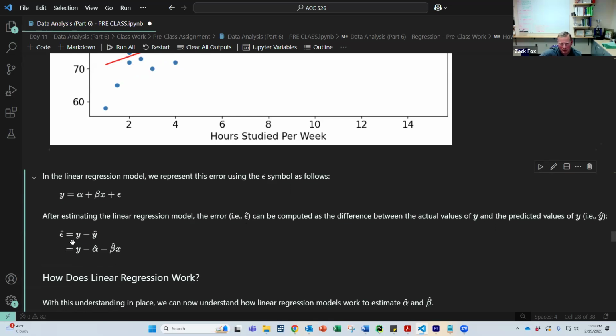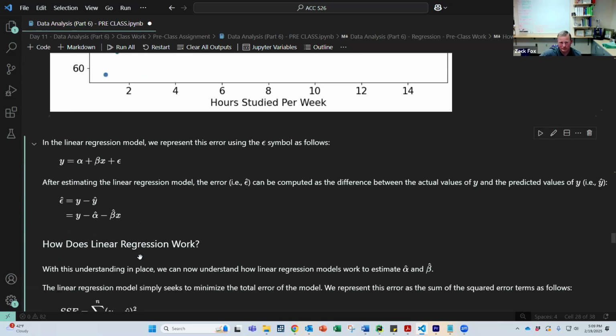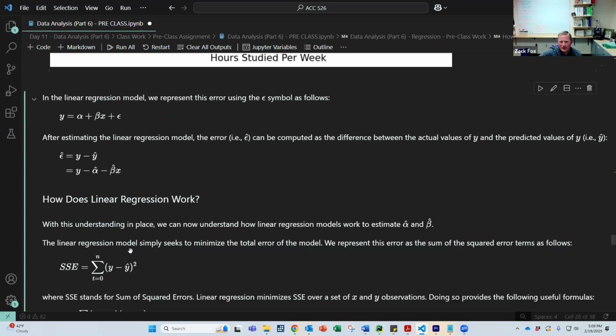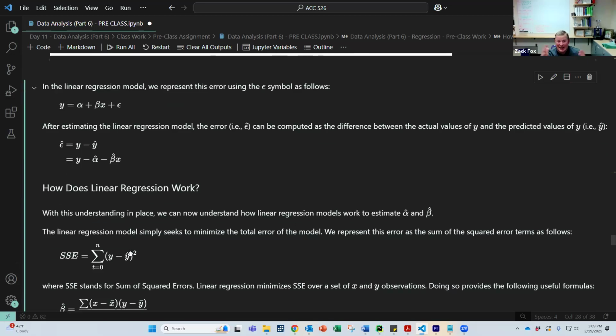So error hat equals y minus the predicted value of y, which really just equals y minus alpha hat minus beta hat x. So now with this understanding in place, how exactly does a linear regression work? We're going to begin to understand the basic mechanics of this to estimate alpha hat and beta hat, okay?